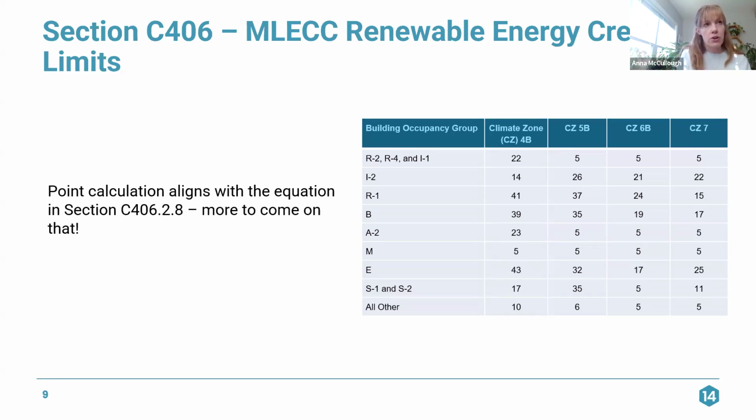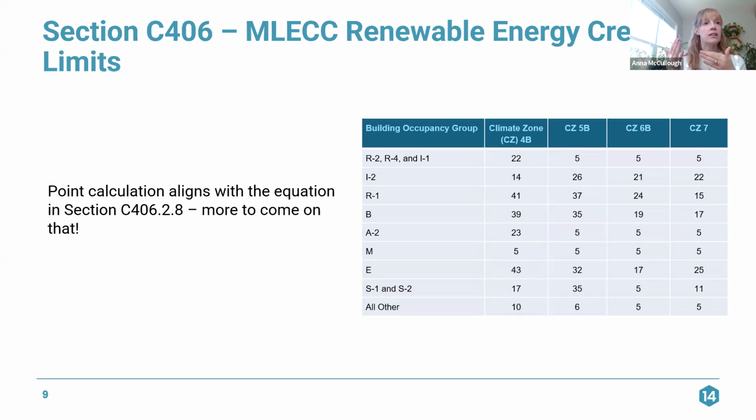It's important to know where this table is located, because if you are looking at the renewable energy credit section, we do not have this table in there twice. We want to make sure that people aren't double counting. The idea here is that we aren't just providing so many renewables on site that we aren't increasing the energy efficiency of the base building as a whole.